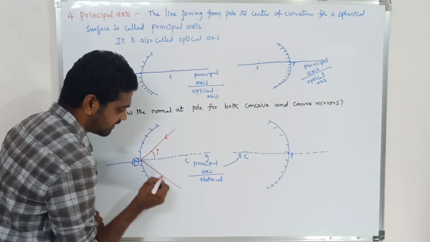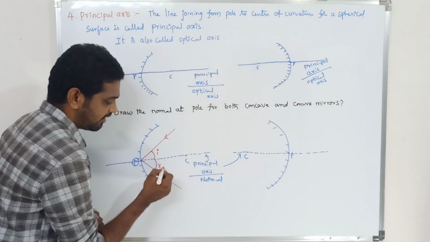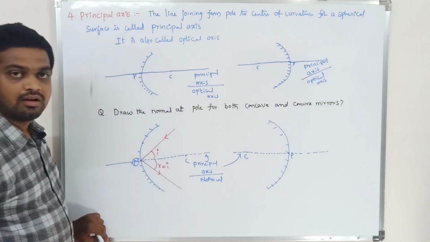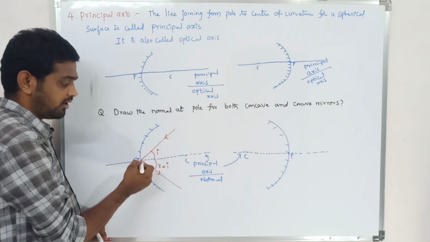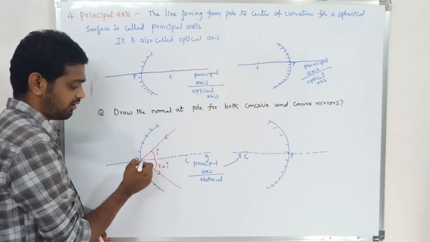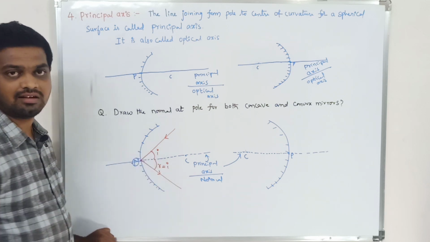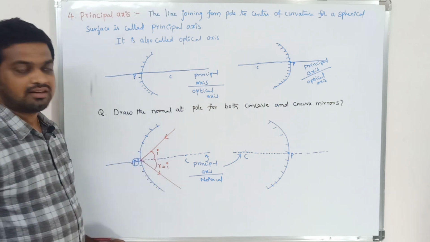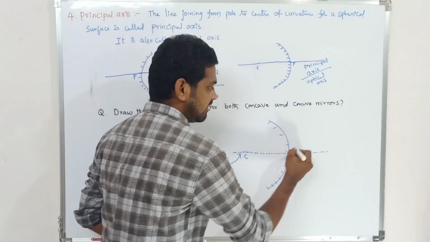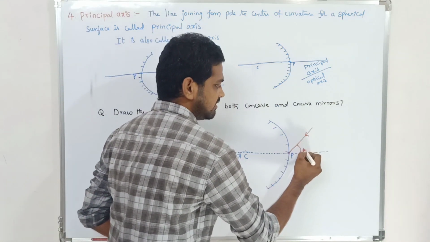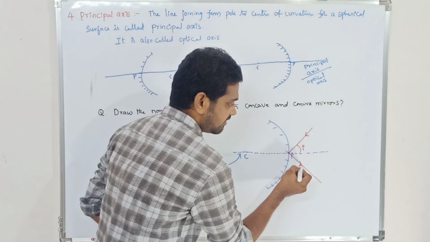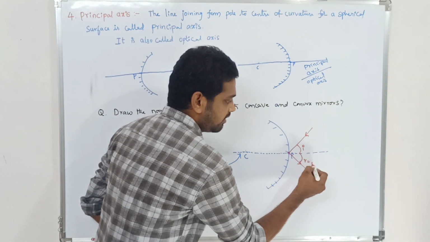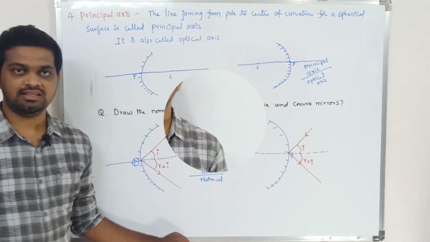Here you will get the reflected ray by making an angle R, which is equal to I. So the incident ray, which is making an oblique angle at the pole, will make the same angle in the opposite direction. Even here also you can consider the incident ray. The ray which makes a certain angle at the pole, after reflection should make the same angle with the pole in the opposite direction. Is it clear?